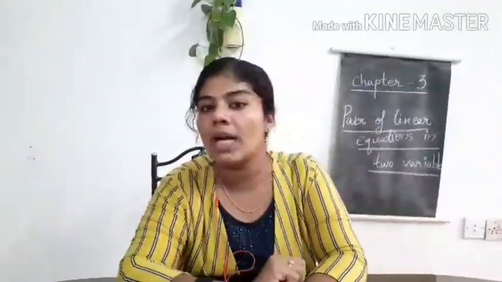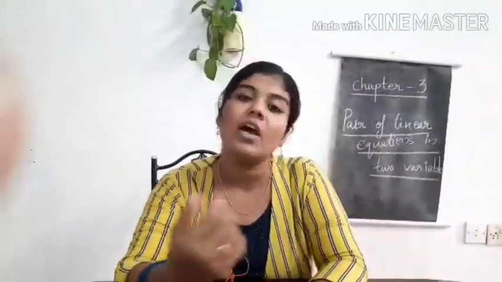And the second, what I said, is algebraic method. In algebraic method also, as I said before, as with the graphical method, we can solve a pair of linear equations using algebraic method also. That is new to you. We already discussed and completed our graphical method, and now coming to the algebraic method of solution for a pair of linear equations in two variables.